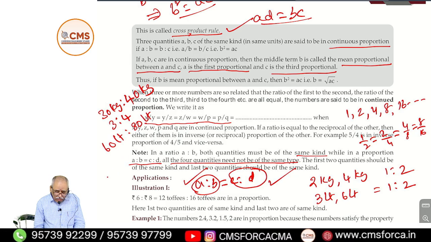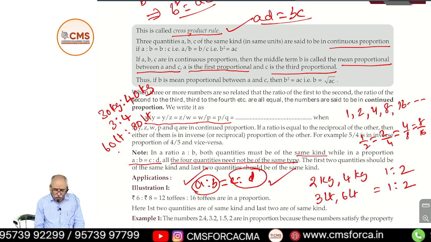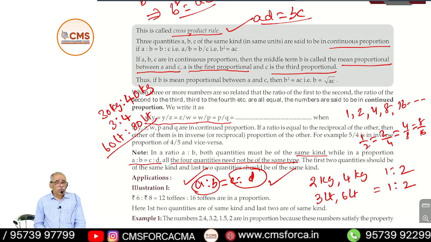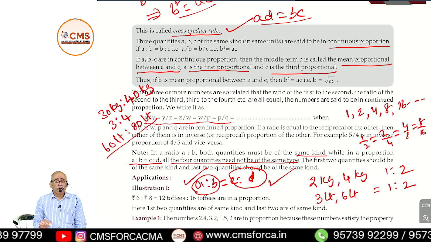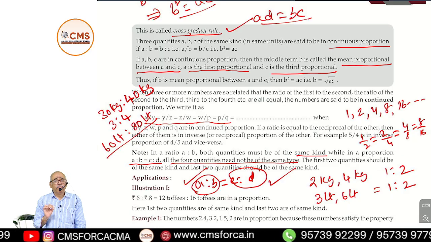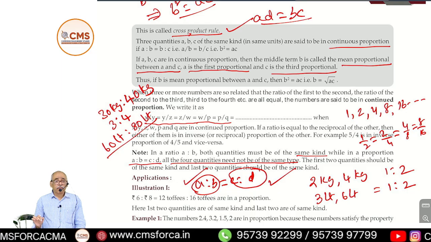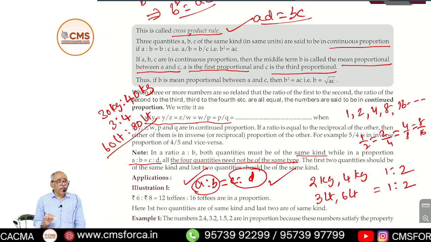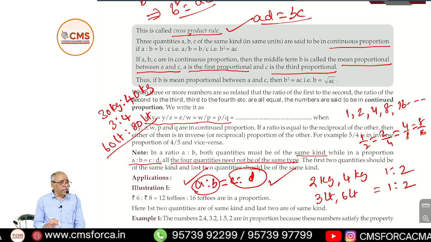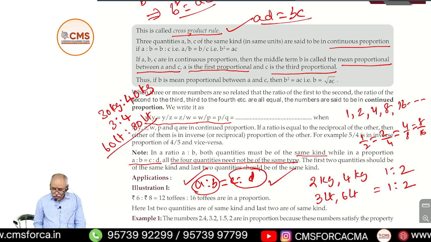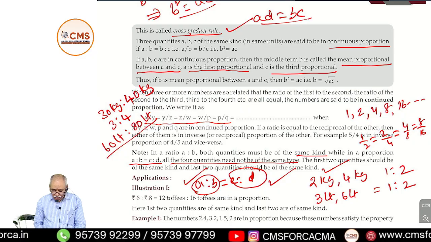So 30 kgs is to 40 kgs is equal to 60 liters is to 80 liters. So what did you understand from this? In proportion, all four quantities need not have same units, but first two terms must have same units, last two terms must have same units. That is the important point here.